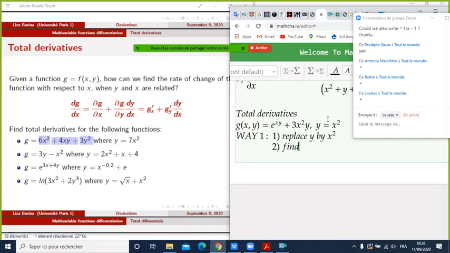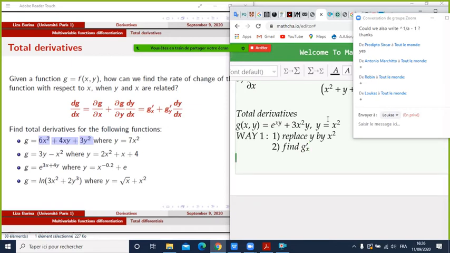Find g prime x. You will see that whenever we replace all y's with x squared, we end up with a function of one variable, and we can just find the normal derivative, and it will be the total derivative because we don't have any second variable.